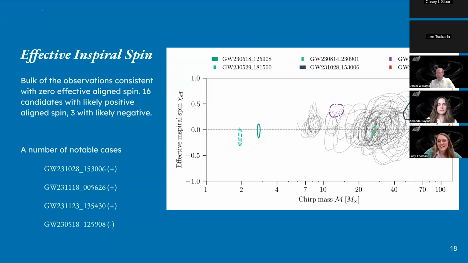All 3 of these are likely positive spin events. And then we also have 230518, which is one of our 2 neutron star black hole candidates for which the spin was likely negative. And you can see these events as well as a couple of others highlighted in this plot. Next slide, please.